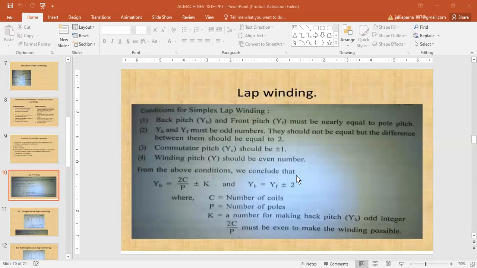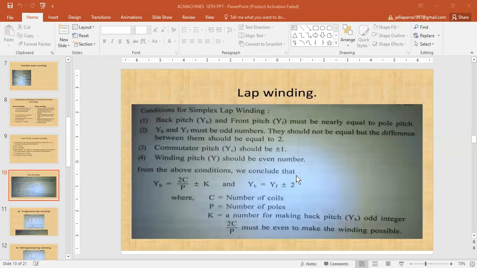However, where heavy currents are necessary, duplex or triplex lap windings are used. The duplex lap winding is obtained by placing two similar windings on the same armature and connecting the even numbered commutator bars to one winding and the odd numbered ones to the second winding.